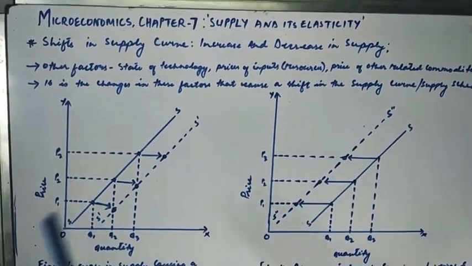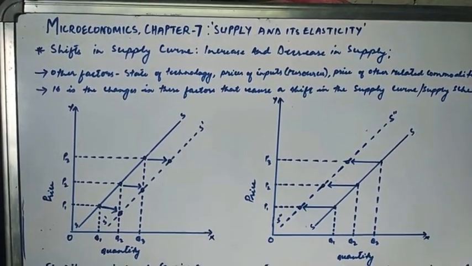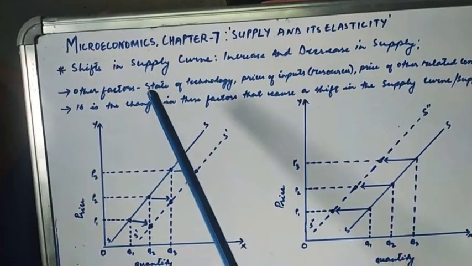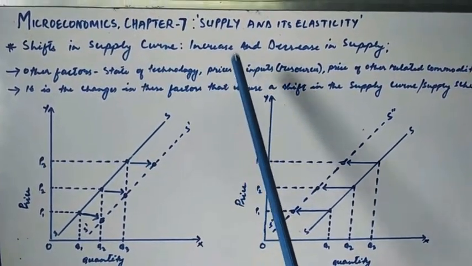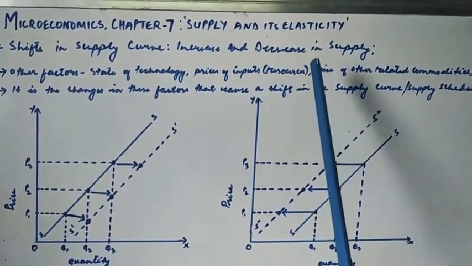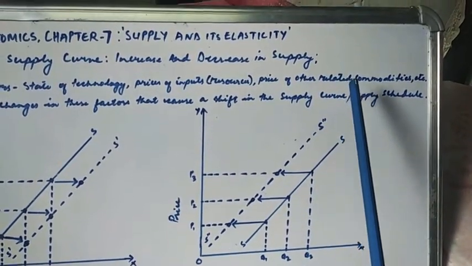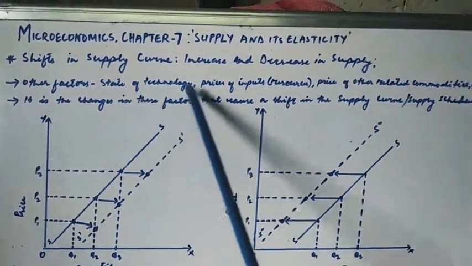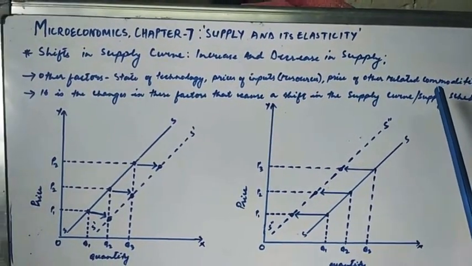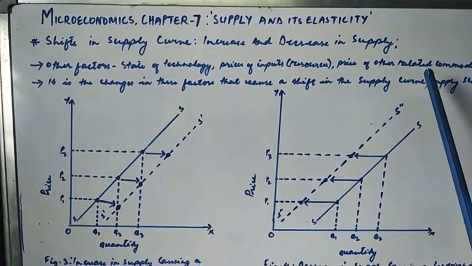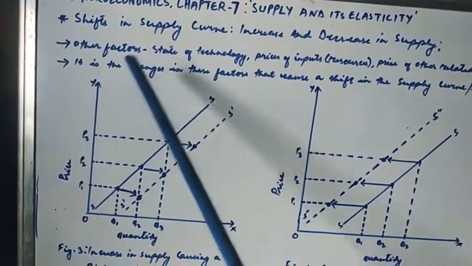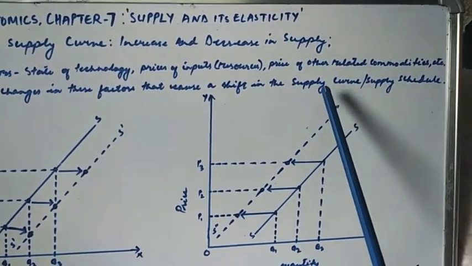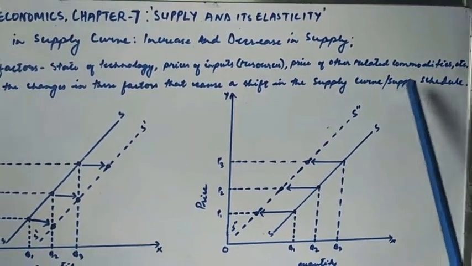What are these other factors that we have assumed to be constant? They are the state of technology, prices of the inputs, resources, and the price of other related commodities, etc. In the law of supply, we have assumed all these things as constant. But in the long run, they cannot be constant. So it is the changes in these factors that cause a shift in the supply curve or the supply schedule.